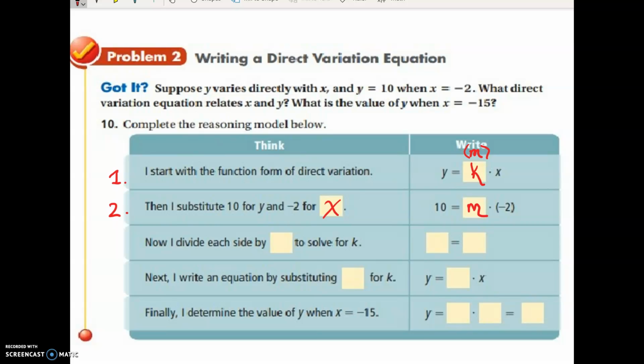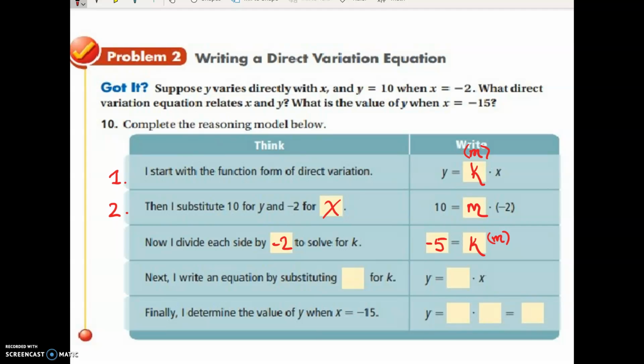Now, step 3, we're going to divide each side by negative 2 so we can solve for k. So I would get negative 5 equals k, my constant. Remember, that's also m. They're interchangeable there, and sometimes I can interchange those without even thinking about it.